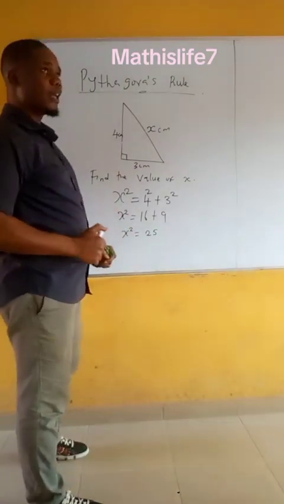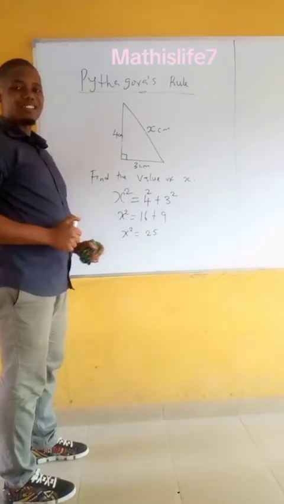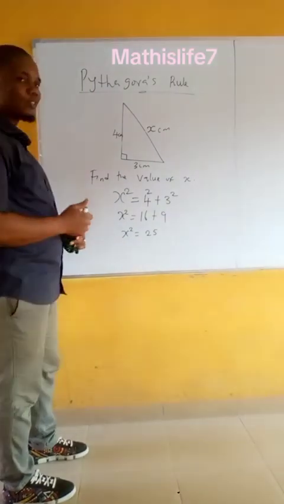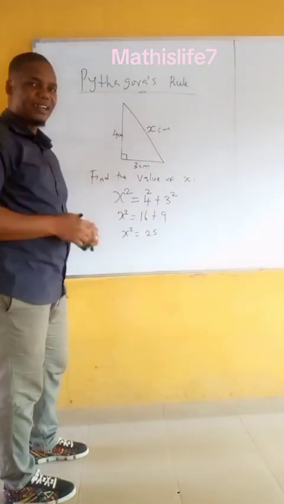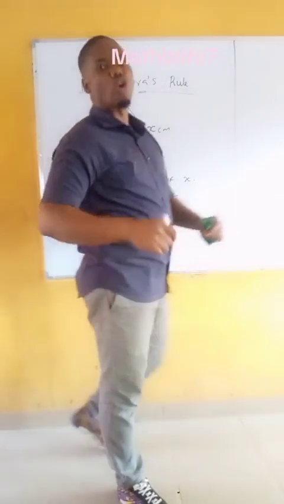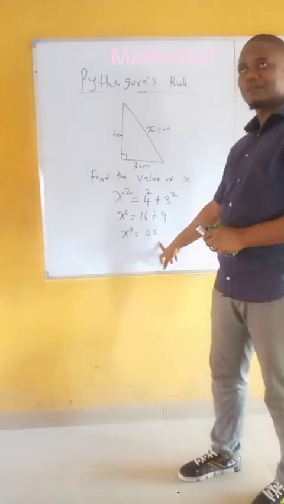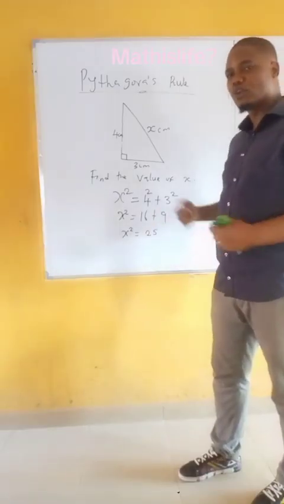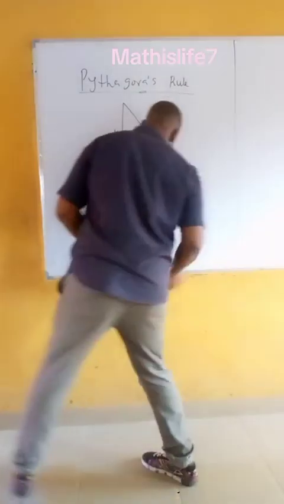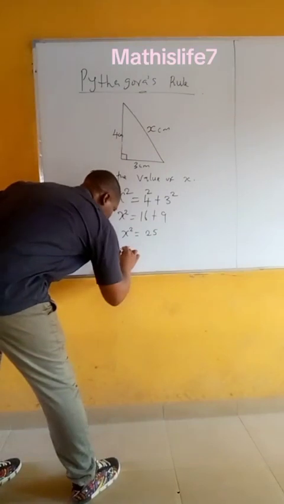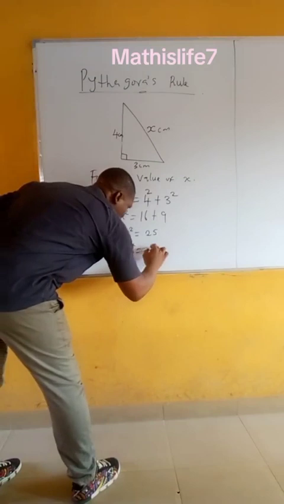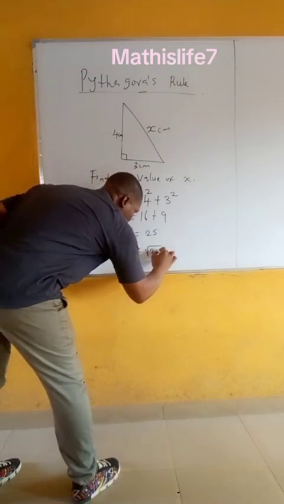What should I do here? I'll take the square roots of both sides. I have x squared equals to 25. If I want to take the square root of both sides, I'll quickly say, okay, this will be root x all squared is equals to square root of 25.